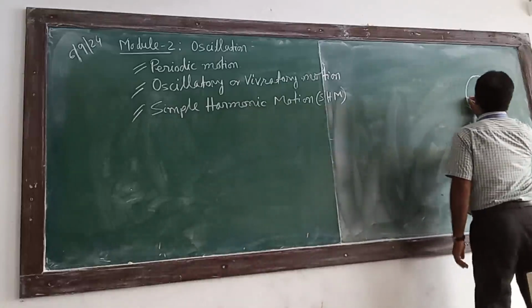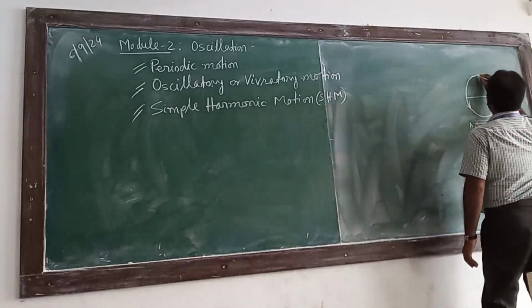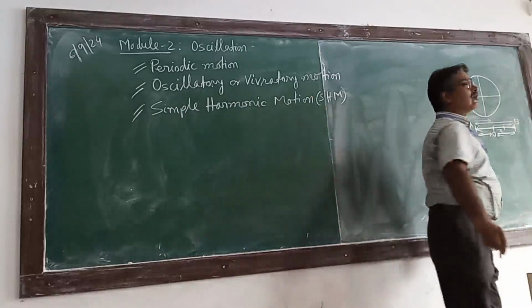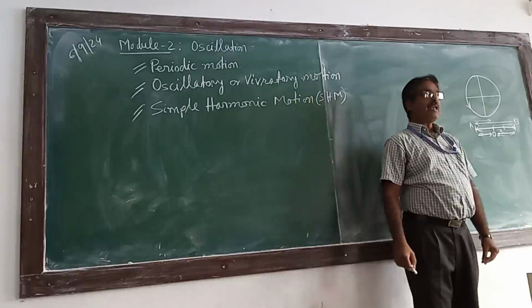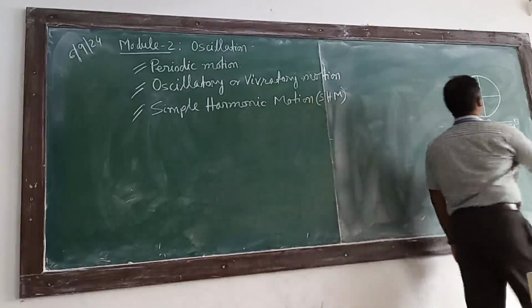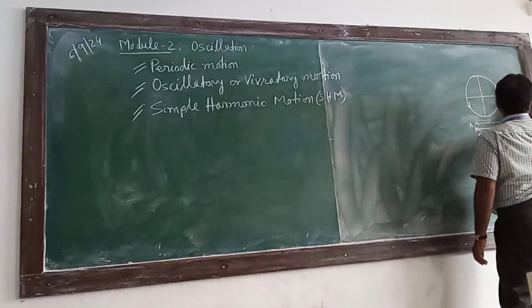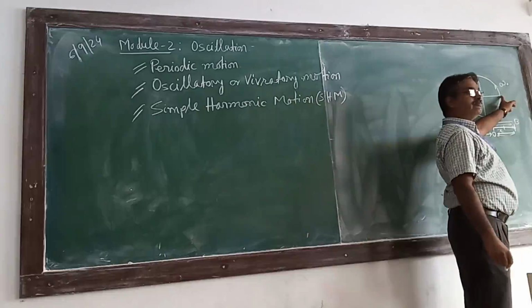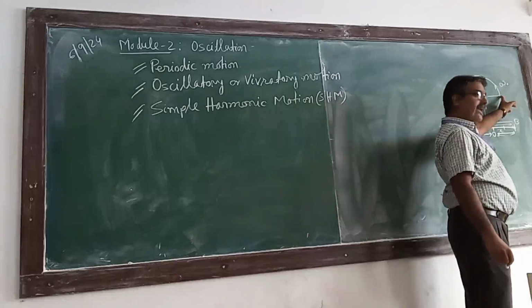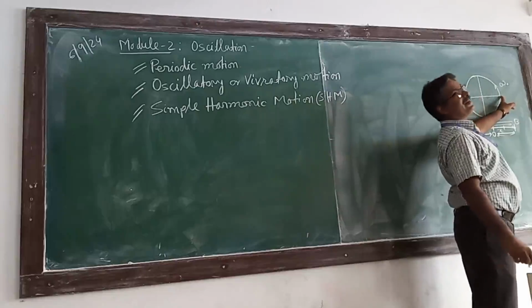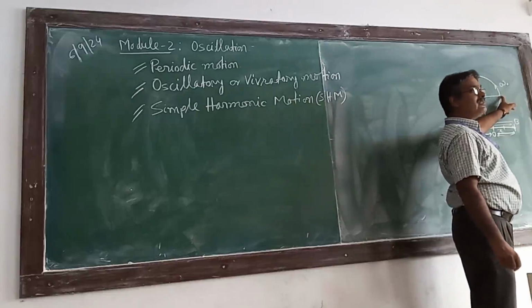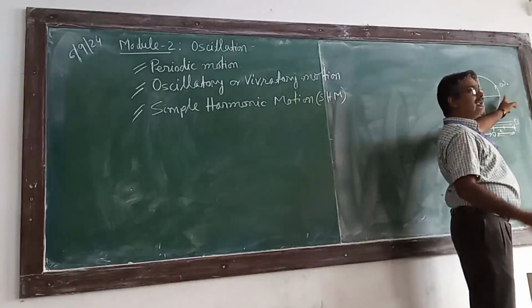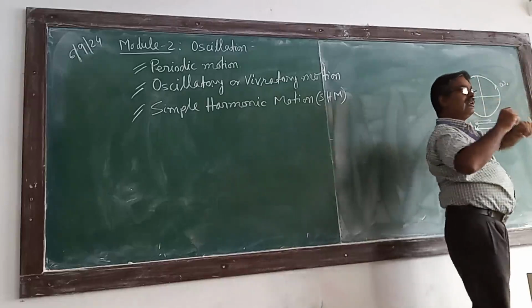Now when a particle moves in a circular path with an angular velocity omega naught. Okay. The particle starts from here. Then the foot of the particle. Foot of the particle means if we take the projection of the particle, then what happens?